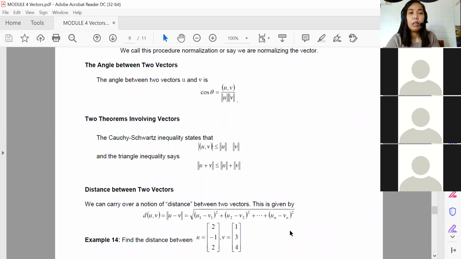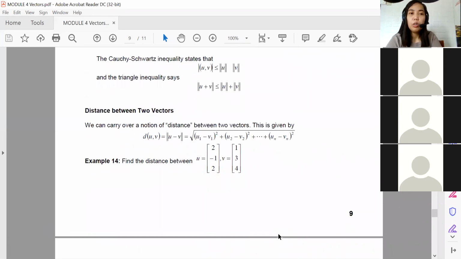Okay, next. Distance between two vectors. We carry over a notion of distance between two vectors. So this is given by the distance of U and V, that is the norm of U minus V. So that is equal to the square root of (U sub 1 minus V sub 1) squared plus (U sub 2 minus V sub 2) squared up to (U sub n minus V sub n) squared.